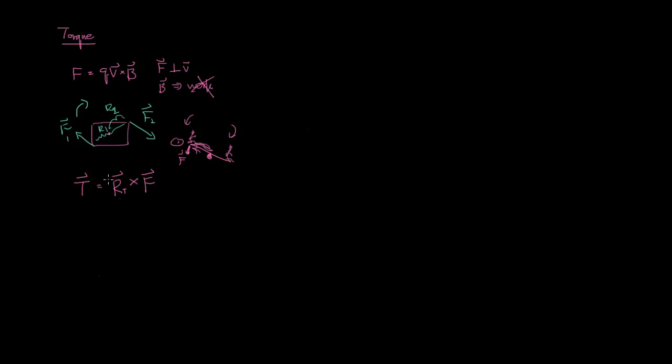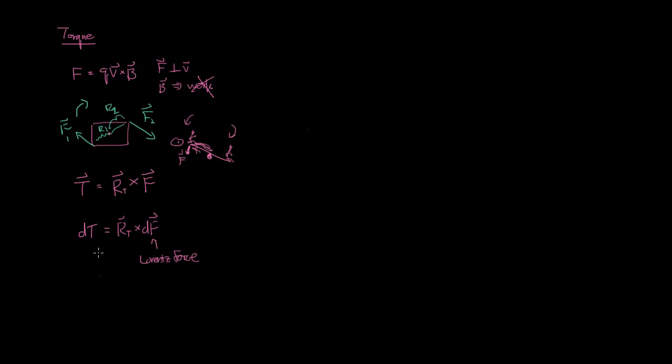Now, just like what we did with the F equals QV cross B Lorentz force, we can also rewrite this in differential form so that we can look at a differential element of torque. And so if we do that, we'll have dτ is equal to r cross dF, where dF is something that we've found in our Lorentz force equations, which we can rewrite in terms of different kinds of current, right?